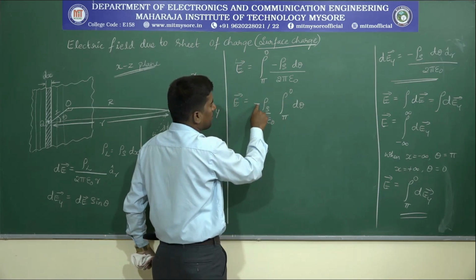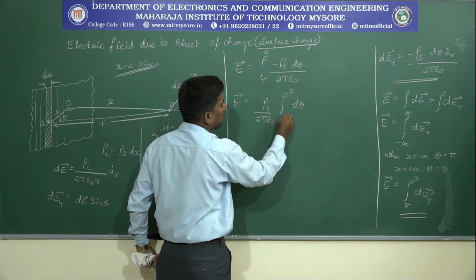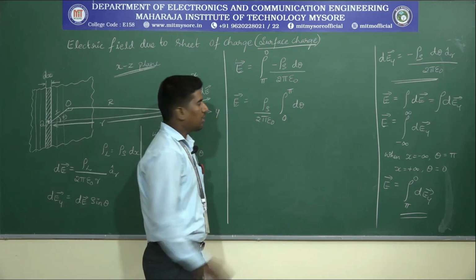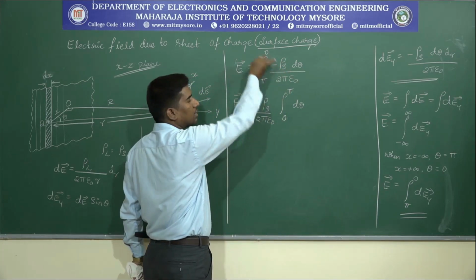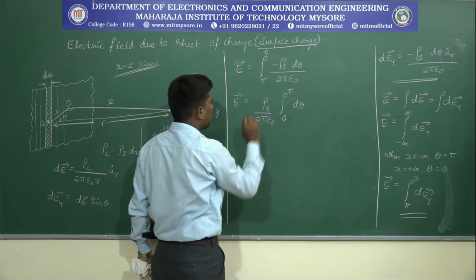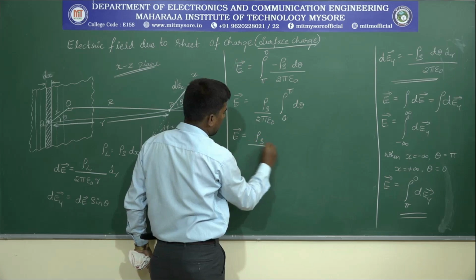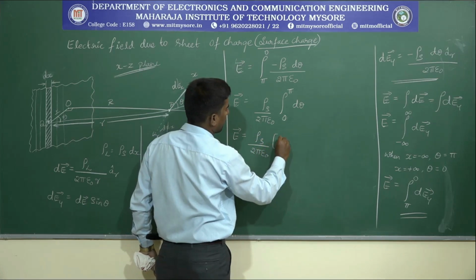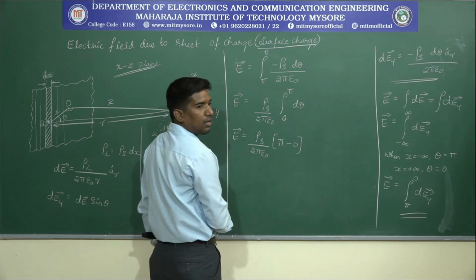See, if I replace this negative sign by a plus, then the integration limits change. Then this becomes 0 to pi. If I replace the negative sign with the positive sign, the integration limits change. So that's what I have substituted here. Therefore E becomes rho s divided by 2 pi epsilon naught into pi minus 0, upper limit minus lower limit.